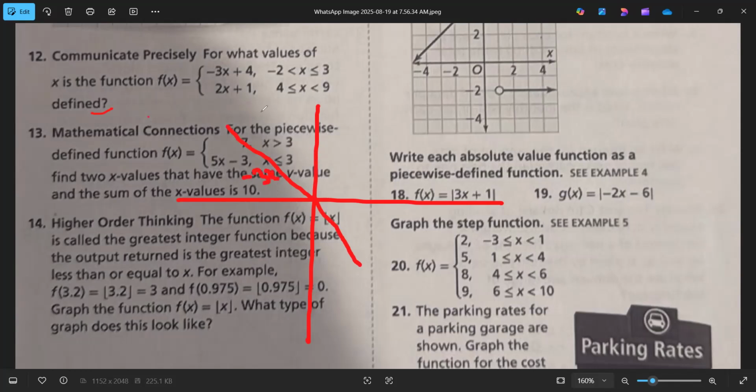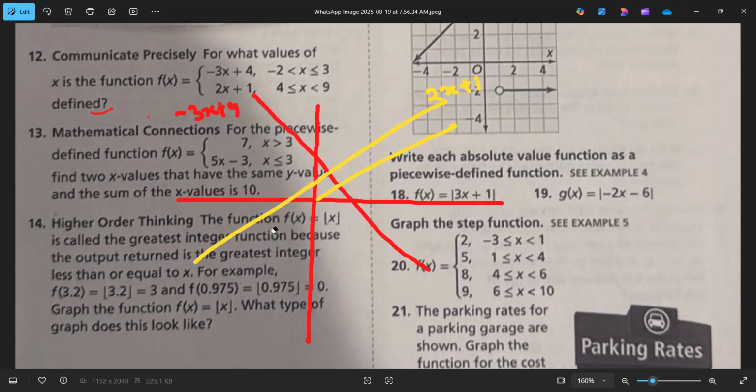Plus 4 means 4 is added. So this is what you can write here: minus 3x plus 4. And this is 2x plus 1. Plus 1 means 1 unit upside, right? This is 2x plus 1.